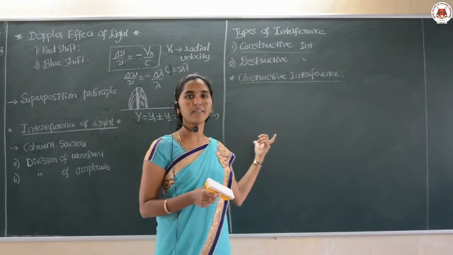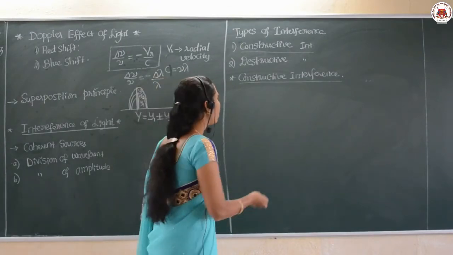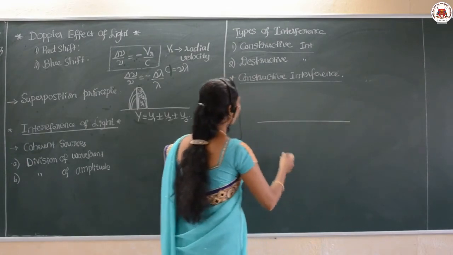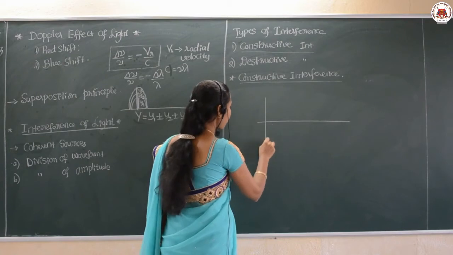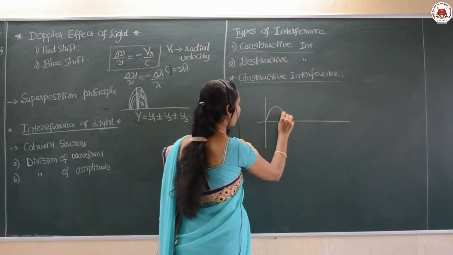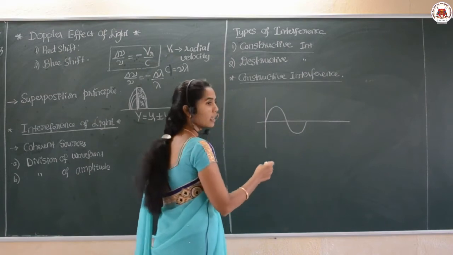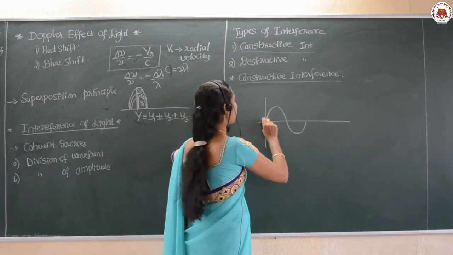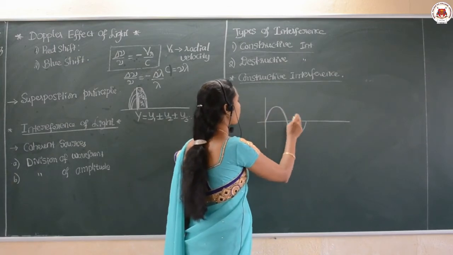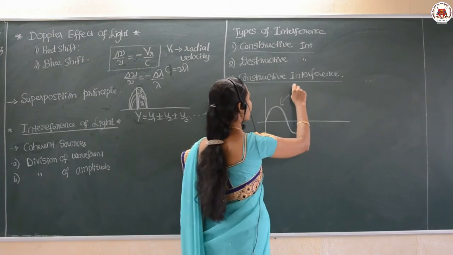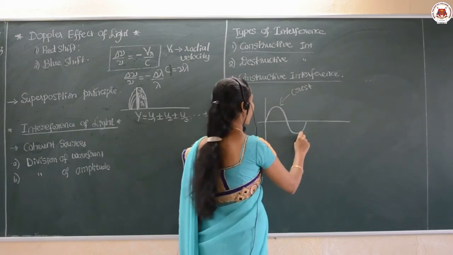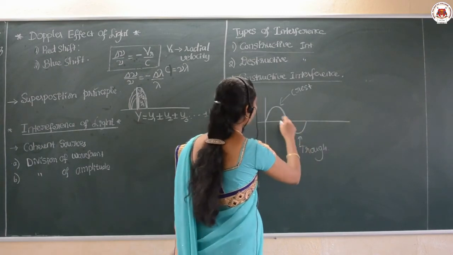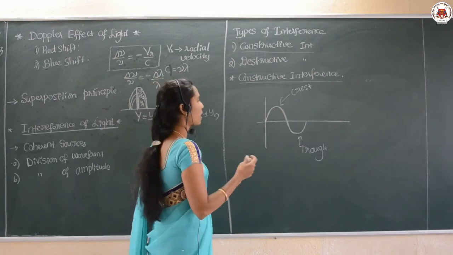What happens actually when constructive interference is taking place? Assume it is the mean position, and here one light wave is moving. In your first PUC you studied that if a wave is moving, that is a progressive wave, this part of the wave we call the crest, and this is called the trough, and this is the first wave. Assume there is another wave.